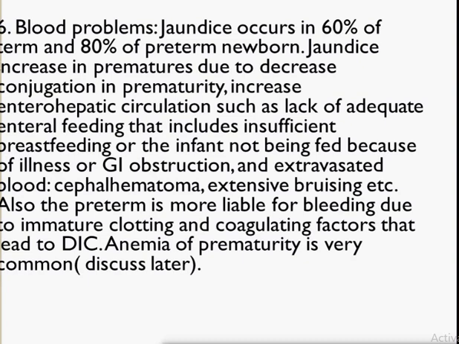Include insufficient breastfeeding or infant is not being fed because of illness or GIT obstruction, and extravasated blood, cephalohematoma, excessive bruising, etc. Also, the preterm is more liable for bleeding due to immature clotting and coagulating factor that lead to DIC. Anemia of prematurity is very common, and we will discuss it later.